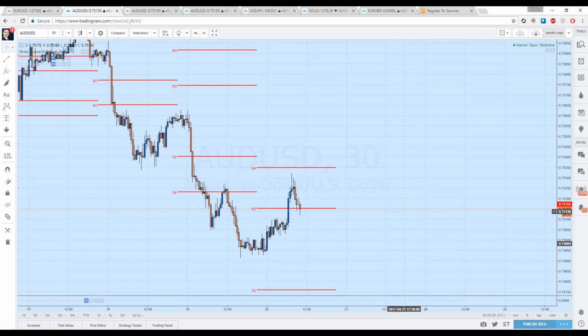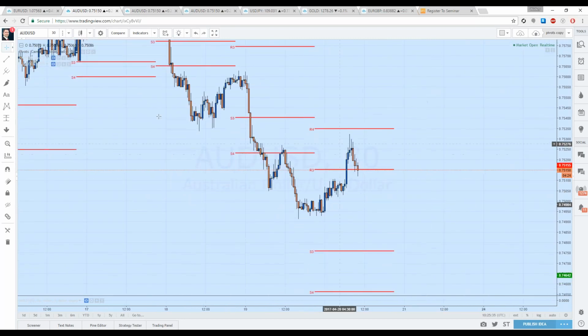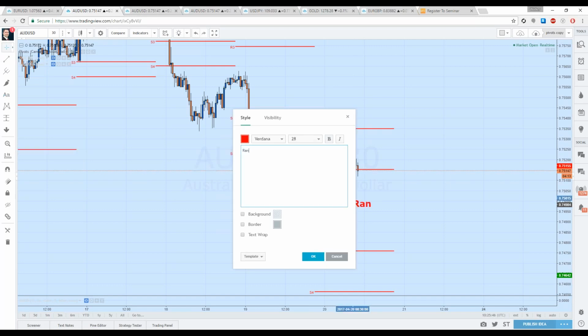This provides a scenario very similar to a range trade.